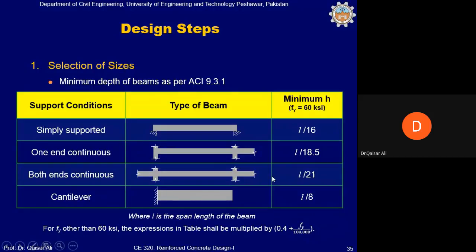To convert these equations for steel other than 60 ksi, this expression shall be multiplied with these equations. So 0.4 plus 40,000 divided by 100,000, this will also become 0.4, 0.4 plus 0.4 will become 0.8. So the depth can be further reduced by 20%, or L by 16 can be multiplied by 0.8.